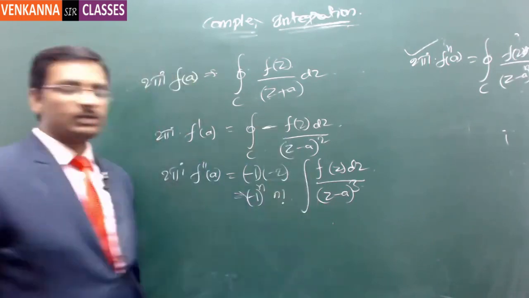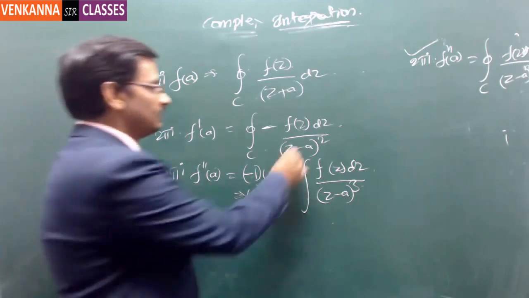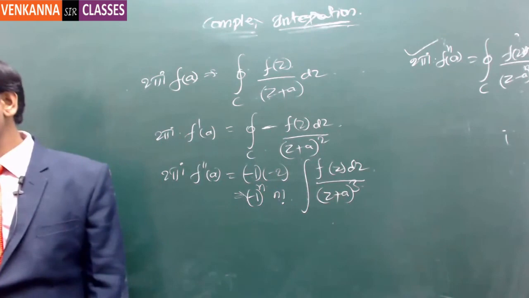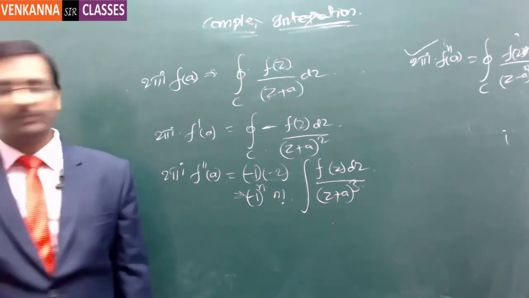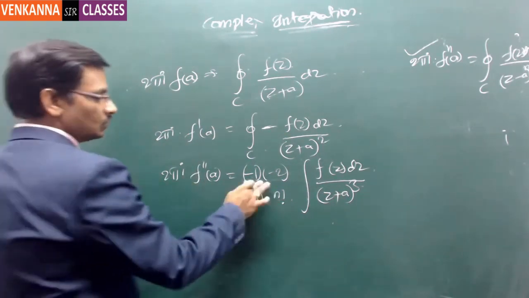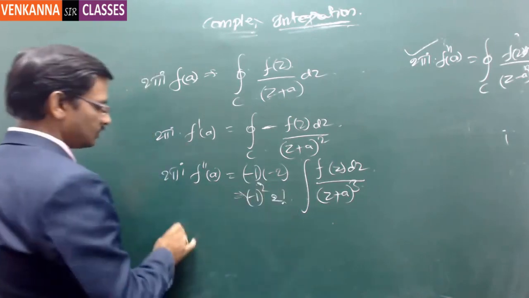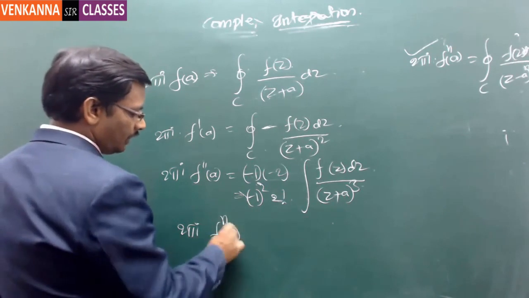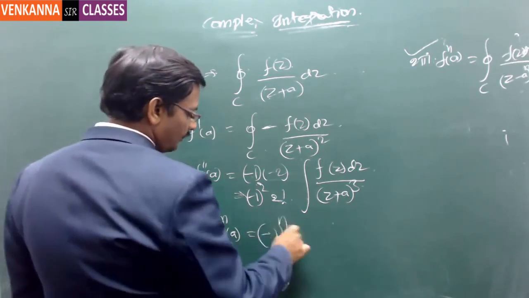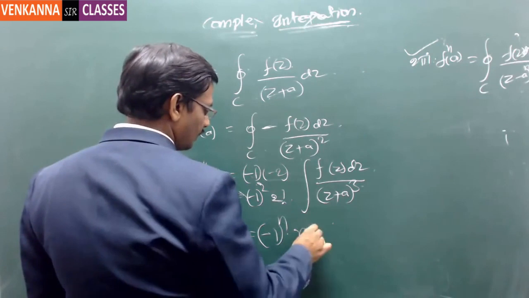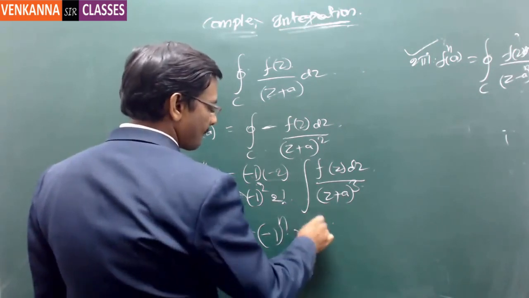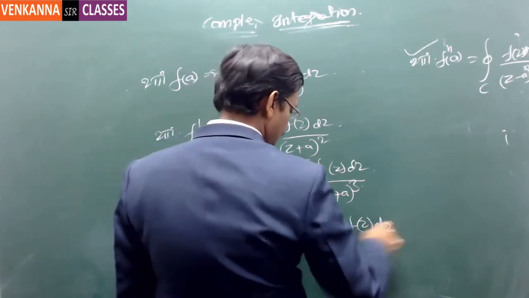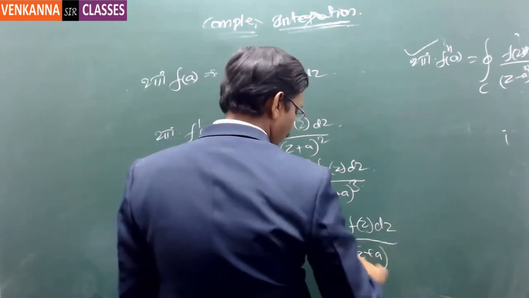This is how you are going to get it, provided this is z plus a. Got it? So this is 2 factorial for now. So 2 pi i times the nth derivative of f at a equals minus 1 whole power n into n factorial times the integral of f of z dz divided by (z plus a) whole cube.